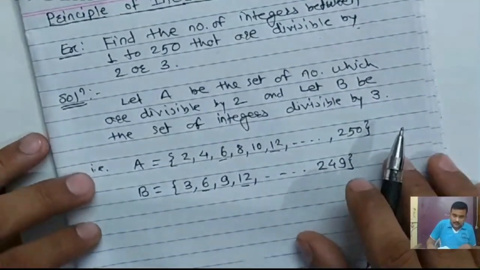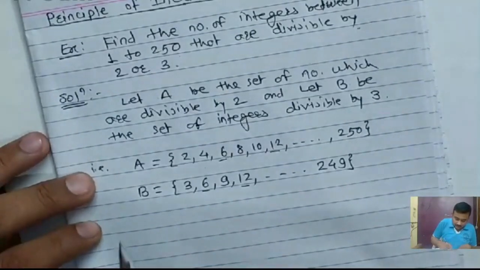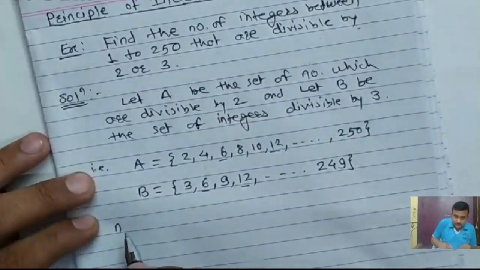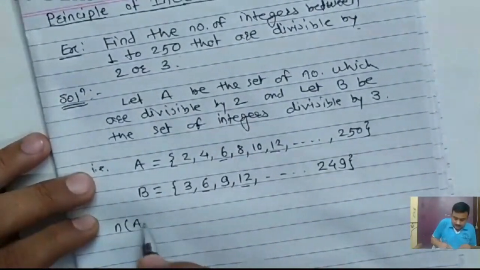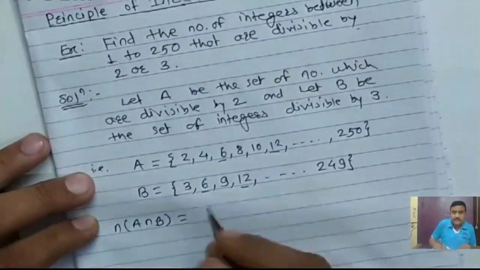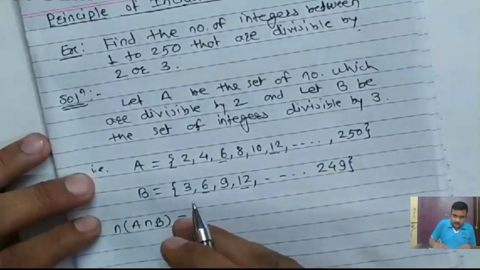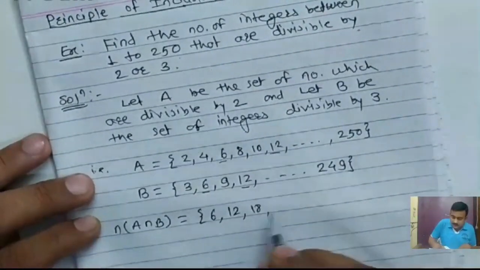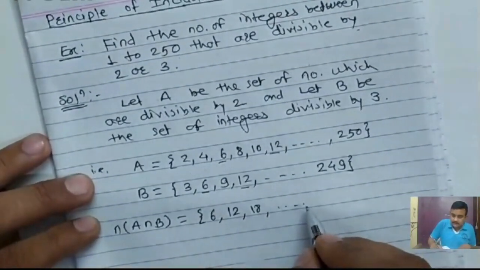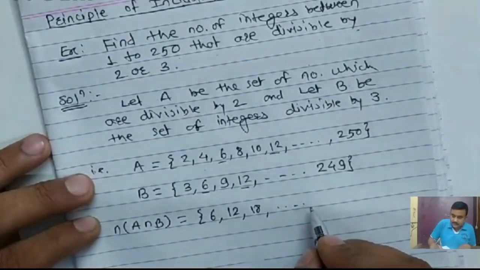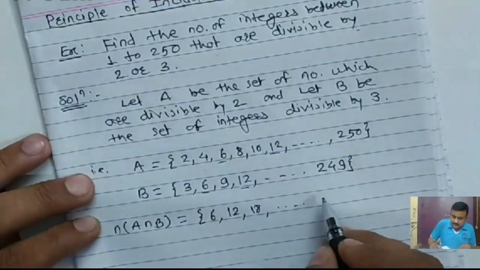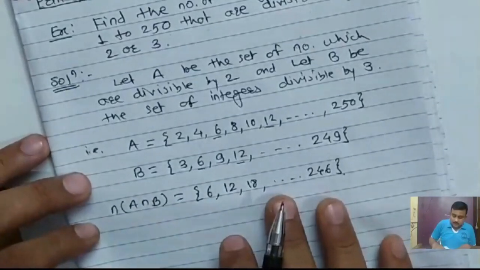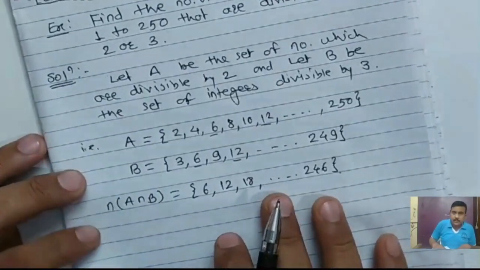These are numbers present in both sets, that is A intersection B, which are divisible by both 2 and 3: 6, 12, 18, and the last number divisible by both, that is a multiple of their LCM 6, is 240. So we have to calculate the number of integers.